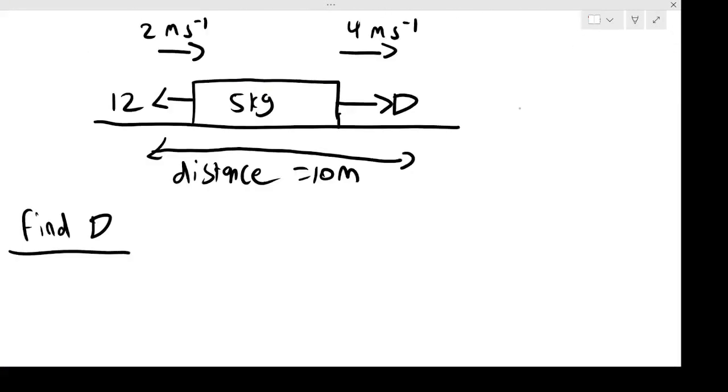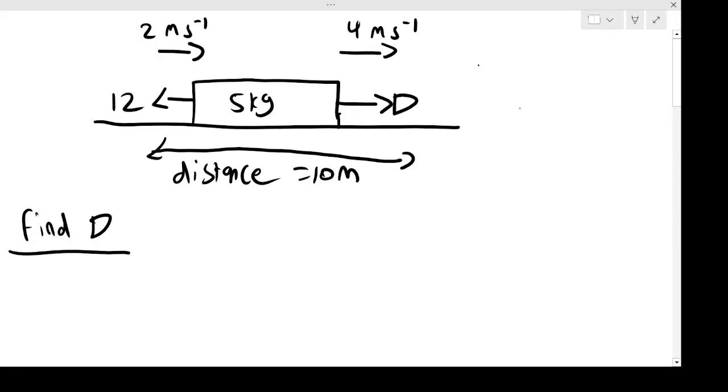Before we look at some proper examples to really demonstrate the work energy principle, because I think, especially for the first time, it can be a bit confusing, I know it was a bit confusing for me, I just want to look at a really broken down example to flesh it out. So what I've drawn here is a situation. I've got something that's moving forward. Initially its speed is 2, then finally its speed is 4.